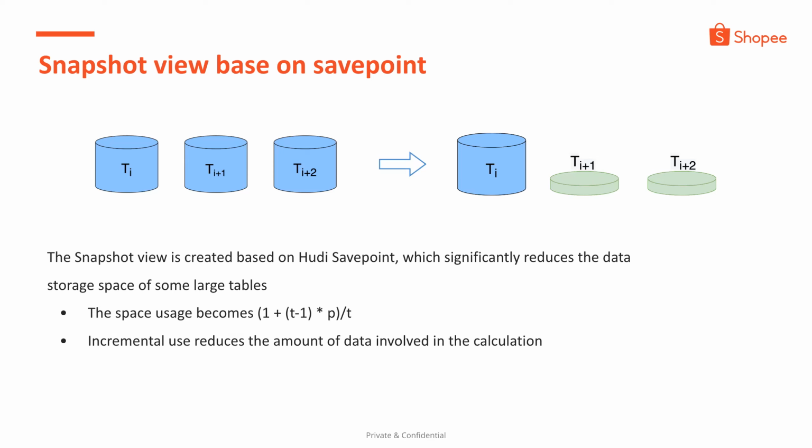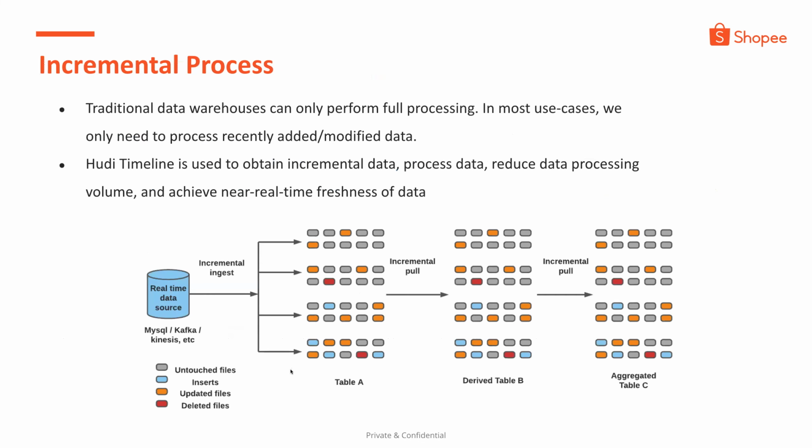The lower the percentage of changing data, the better the storage savings. So there are also good savings for long periods of data. At the same time, it benefits incremental computing resource saving. Okay, next.